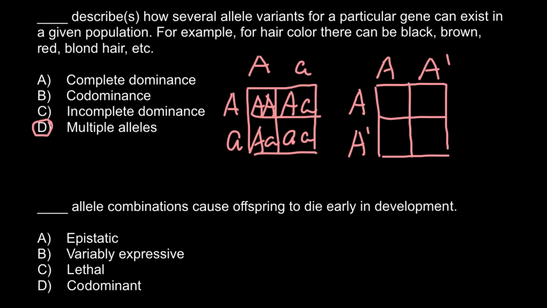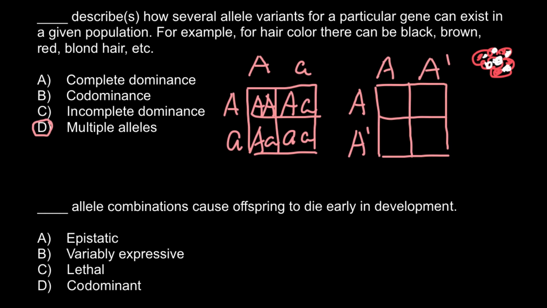For example, if this is a flower, we would see that the flower color would be a mixture of red spots and white spots, because these two alleles would both be dominant and would both be expressed simultaneously.